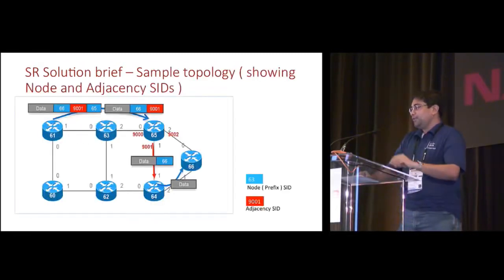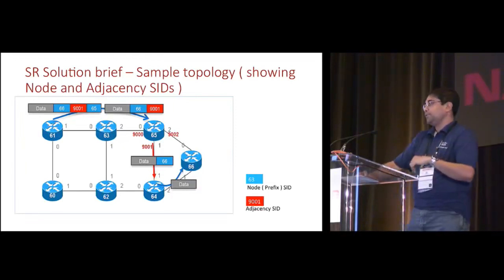So this is the very familiar picture of segment routing. I think many presentations everywhere on the web have this. Essentially, I'm sending a packet from node 61 to node 66. And I want to take a path to node 65, and then I want it to go to node 64, not the IGP ECMP path of 65 directly linked to 66, but to 64 first and then to 66.